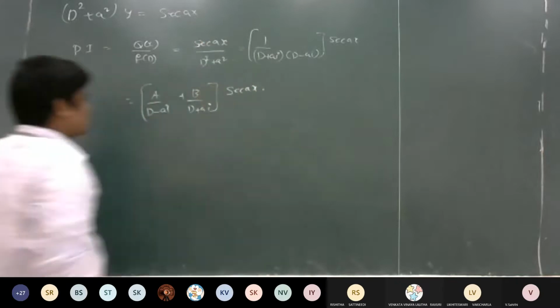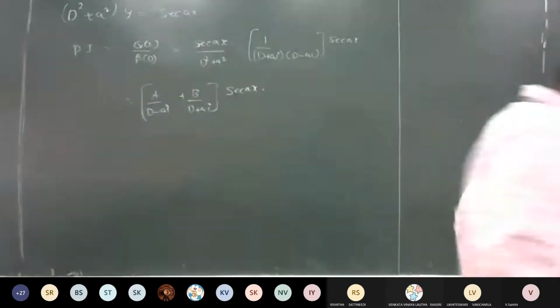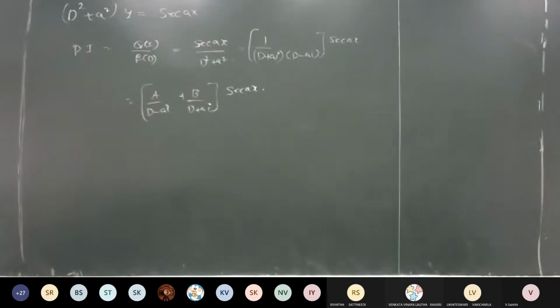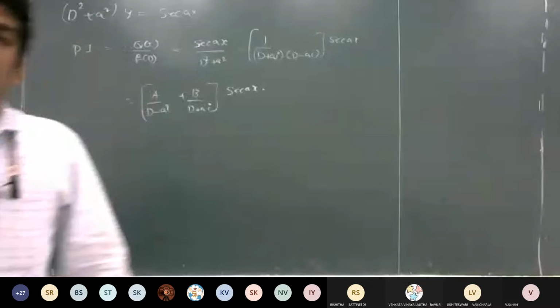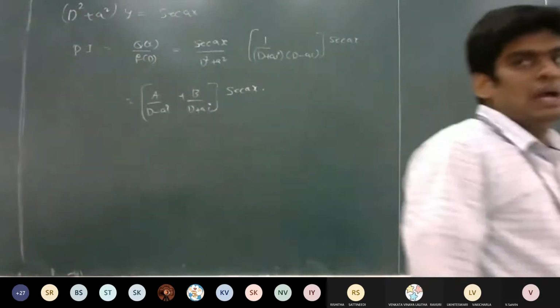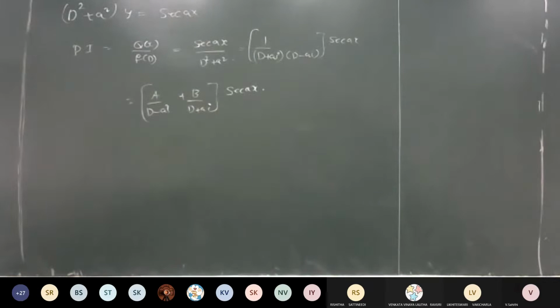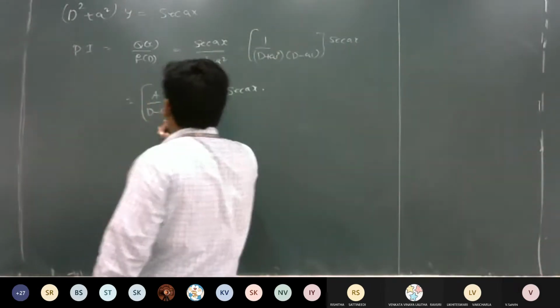Now simplify the values of A and B. I am just factorizing the given f(D) into two factors and separating them using the partial fractions concept.